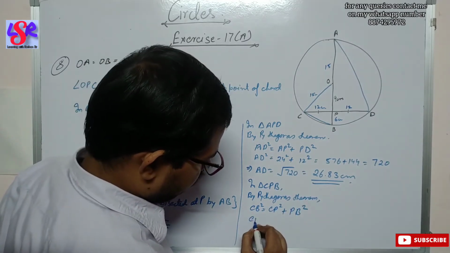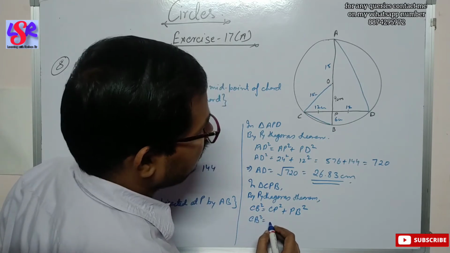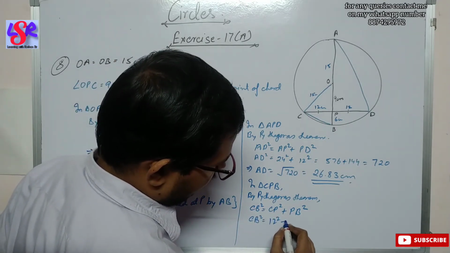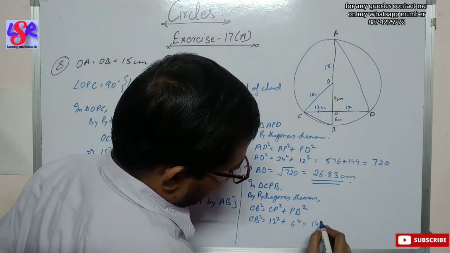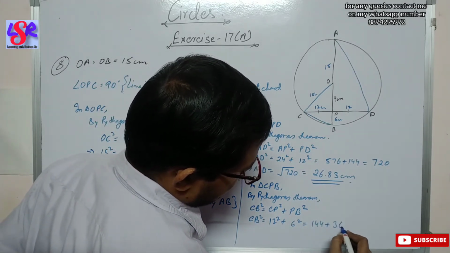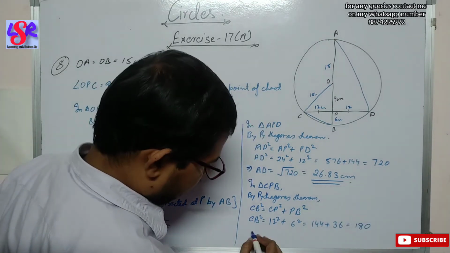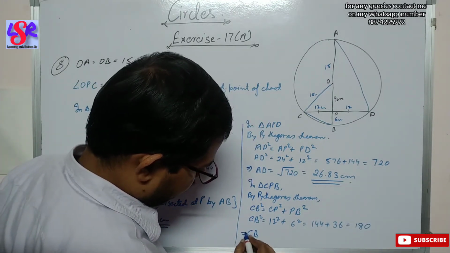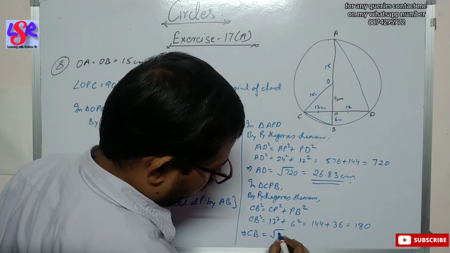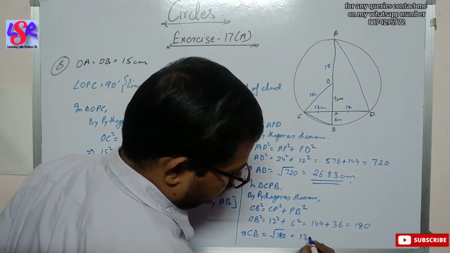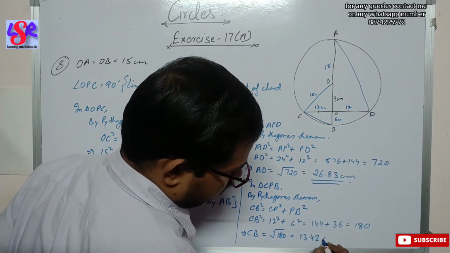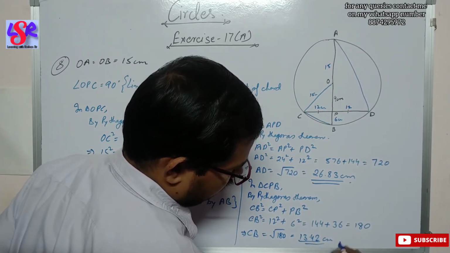So CB square equals 12 square plus 6 square, that is 144 plus 36, which is 180, and CB equals the square root of 180, that is 13.42 centimeter as answer.